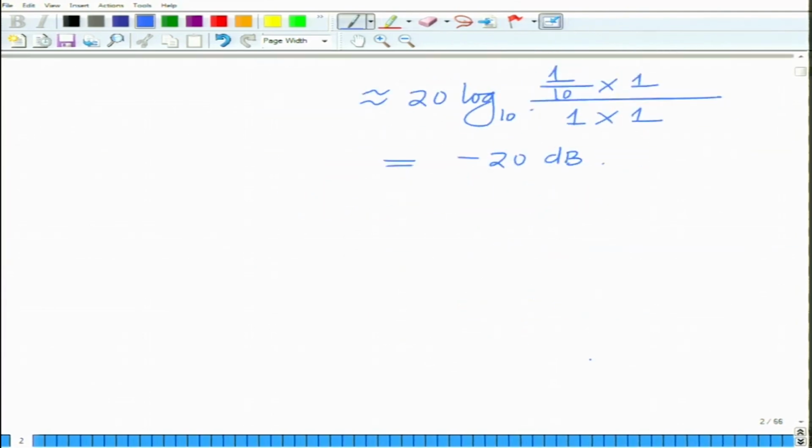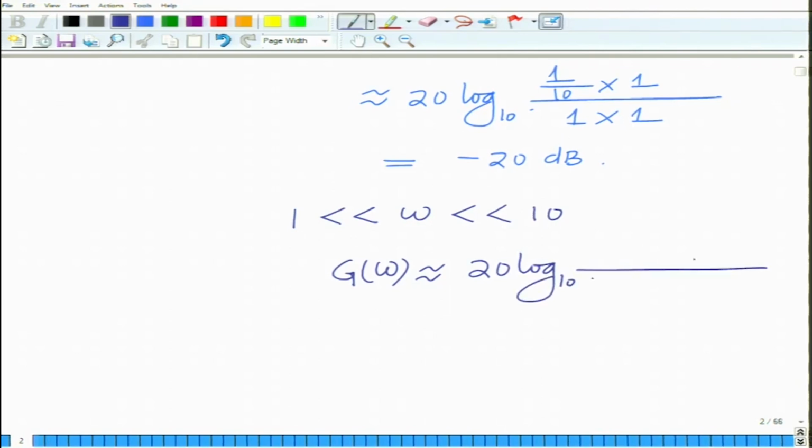Now, consider another scenario, where 1 is much smaller than omega, but omega is much smaller than 10. In this case, you can check g of omega is approximately 20 log to the base 10 of 1 over 10.